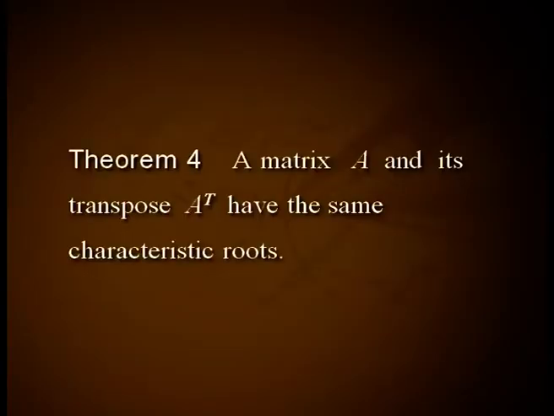Theorem 4: a matrix A and its transpose A transpose have the same characteristic roots. Proof: the characteristic equation of A is given by determinant of A minus lambda I equal to 0, equation 3, and the characteristic equation of A transpose is given by determinant of A transpose minus lambda I equal to 0, equation 4. We know that the determinant of a square matrix B and its transpose are the same.